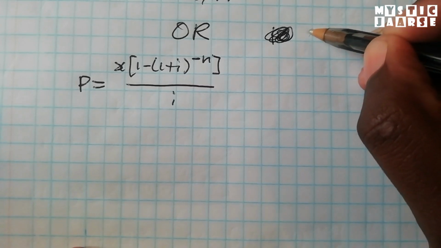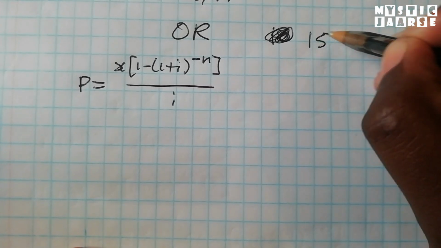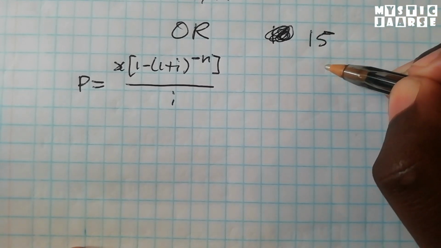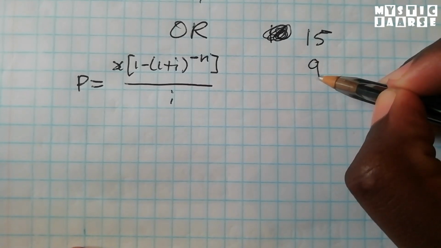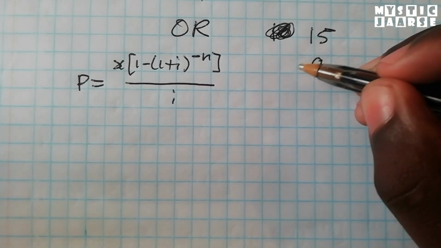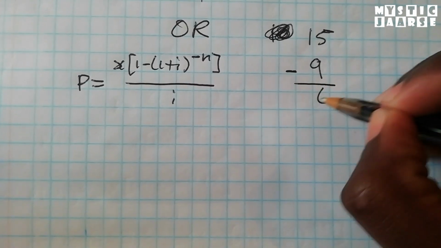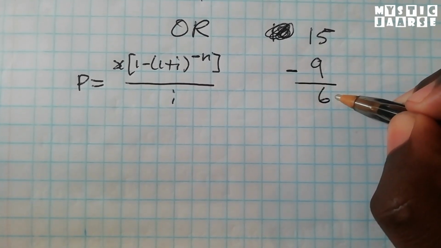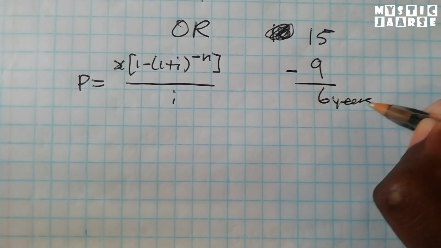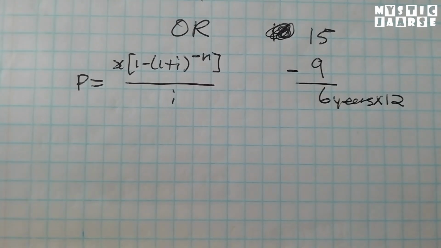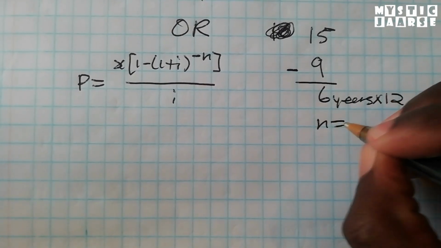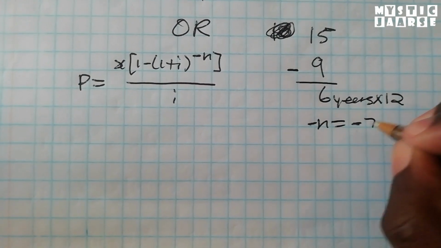Madri was supposed to settle the loan over 15 years, right? But then they asked us to calculate how much money she will be owing after just 9 years. So 15 minus 9 is 6, right? So n here represents 6 years times 12 months. 6 times 12 is 72, so negative n is equal to negative 72.